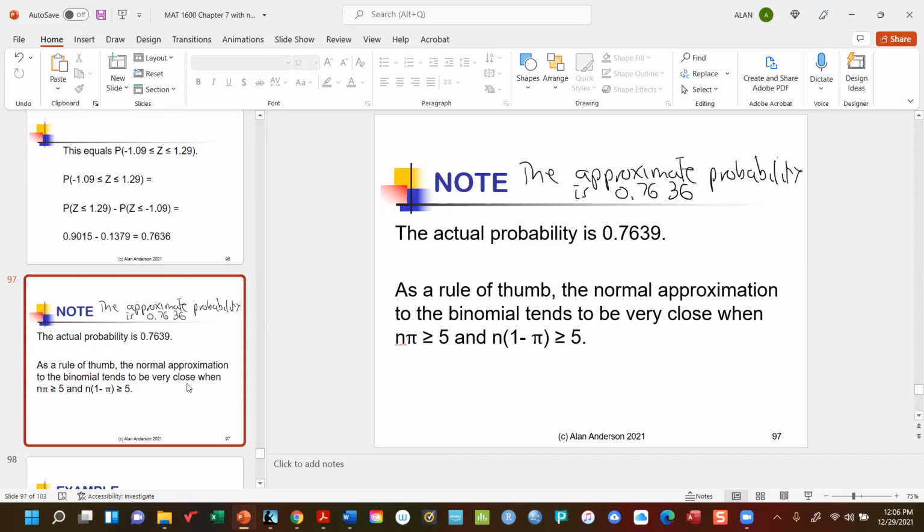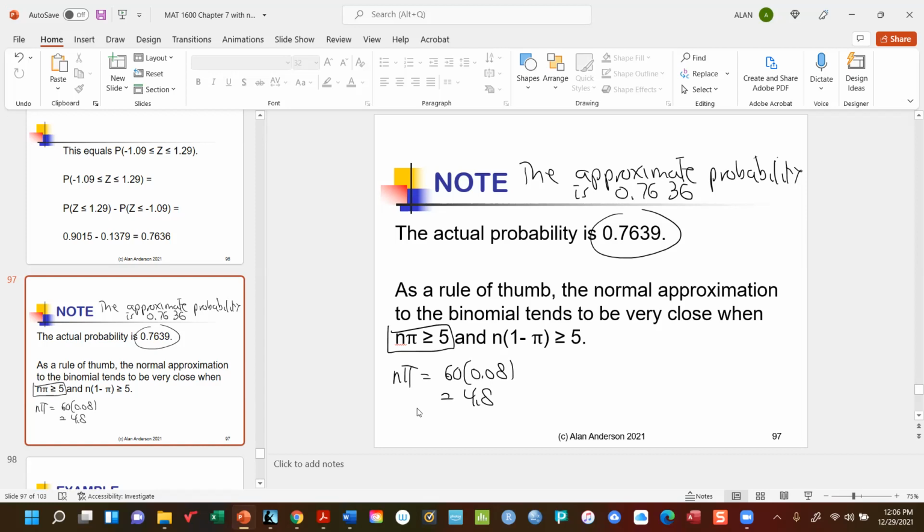The actual binomial probability is 0.7639. So you can see in this case, it did an excellent job. So just in general, if the expected value, now remember, we got an expected value of 60 times 0.08, it was 4.8.